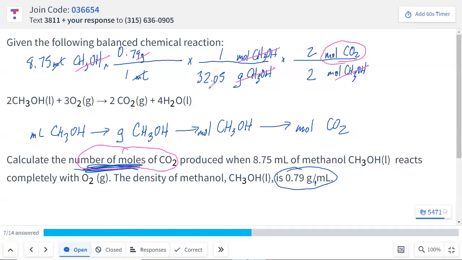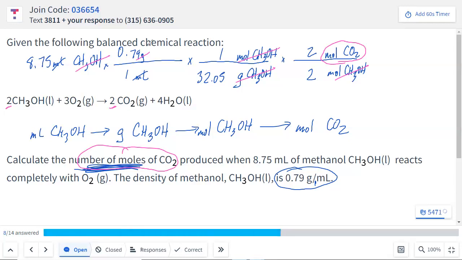So carbon's 12.01, oxygen 16, each hydrogen is 1.01. That's how I get the 32.05. The last one comes from the balanced equation itself. So I had a coefficient of 2 for the methanol, a coefficient of 2 for the carbon dioxide. That's where the 2's come from in that particular fraction.